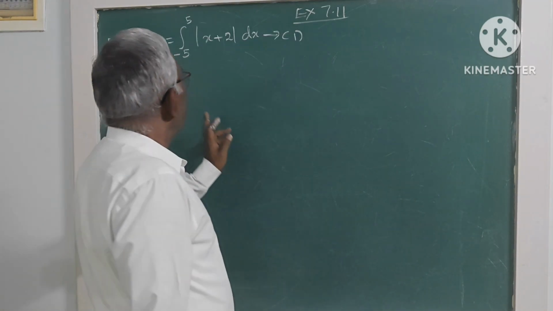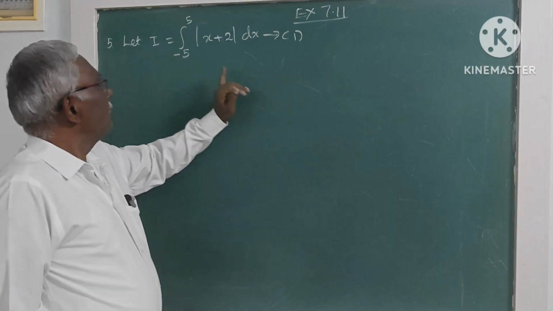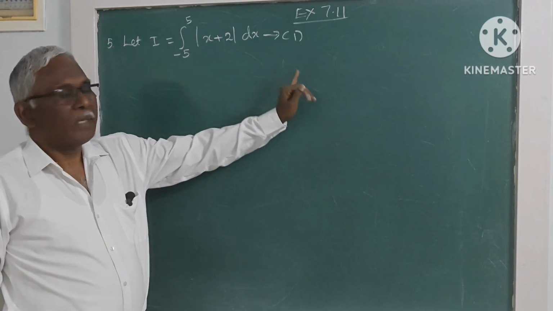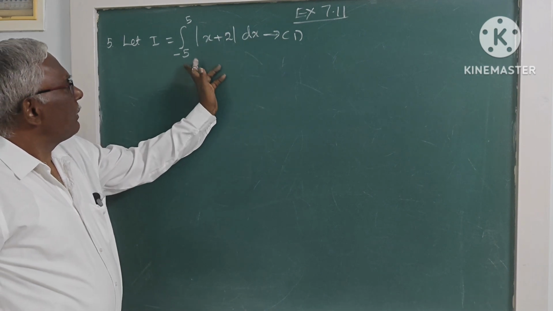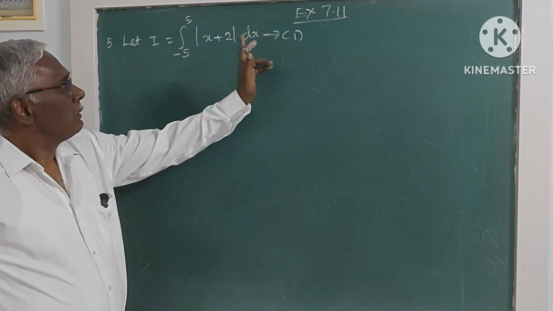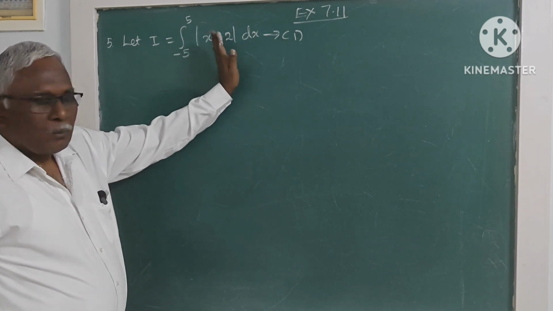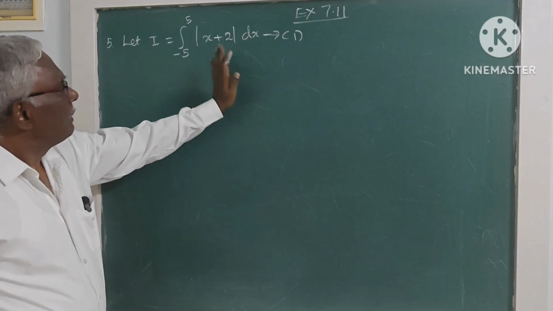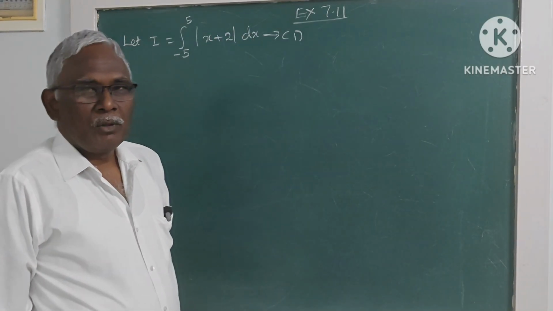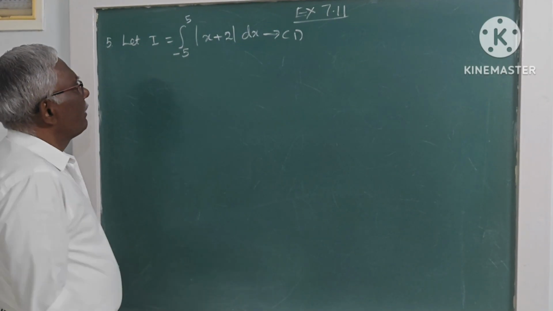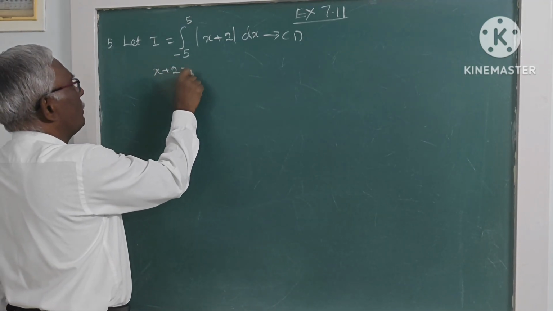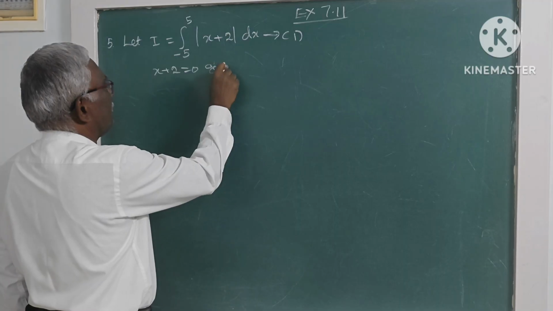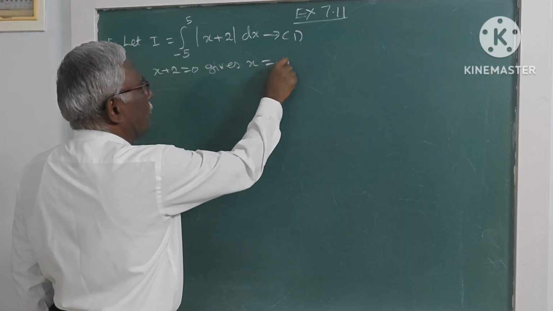So here we have to evaluate this integral, modulus of x plus 2 dx, where x varies from minus 5 to plus 5. So we have to remove the modulus and write this as the sum of two integrals. If we take x plus 2 is equal to 0, this gives x is equal to minus 2.